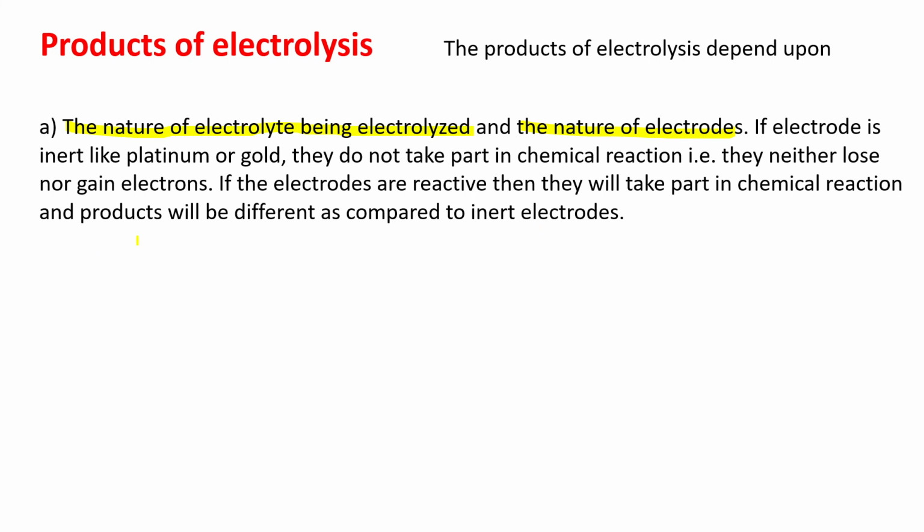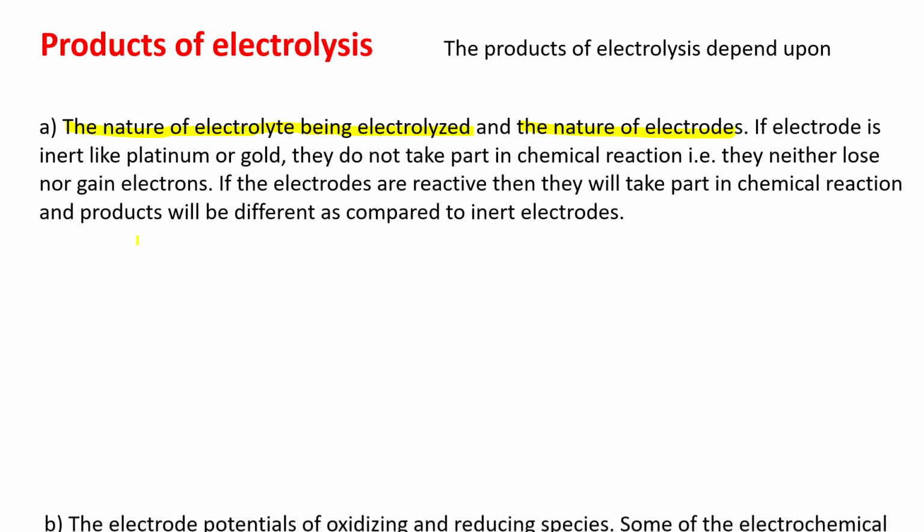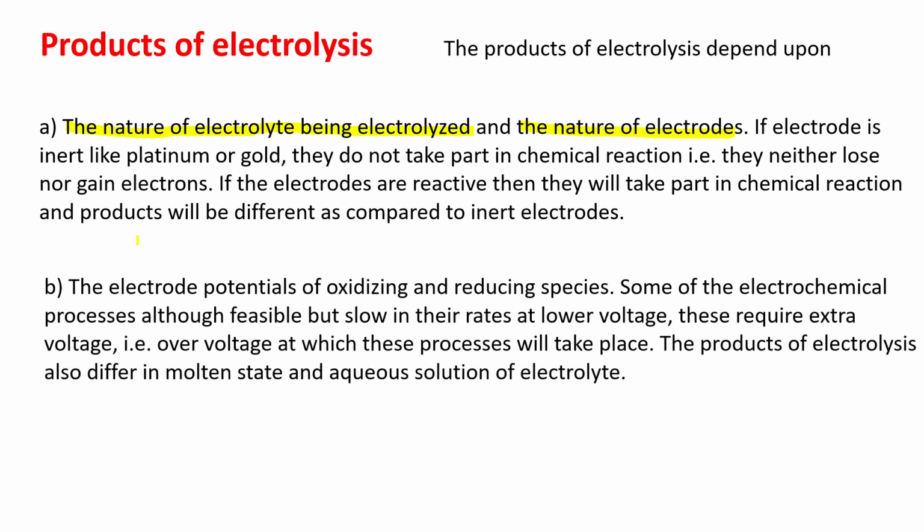So generally we prefer to use inert electrodes like platinum and gold only, as they do not take part in the chemical reaction. The other thing that we keep in mind is the electrode potential of oxidizing and reducing species.